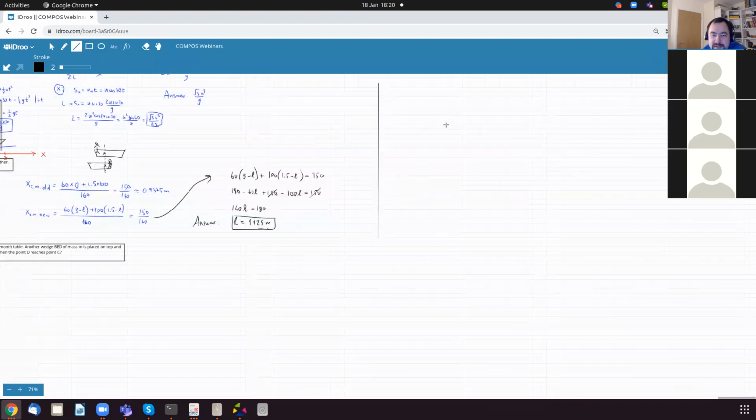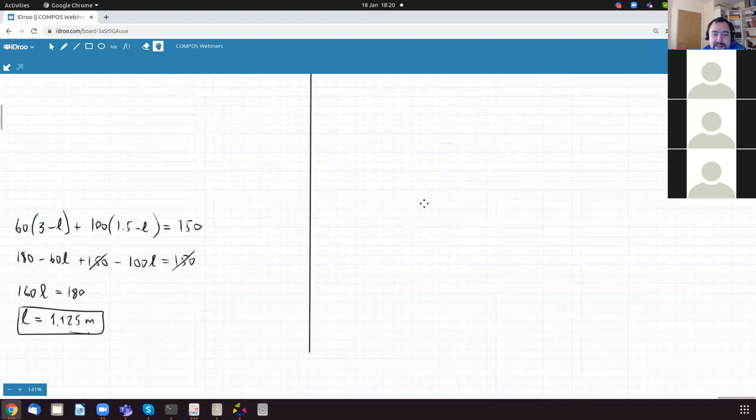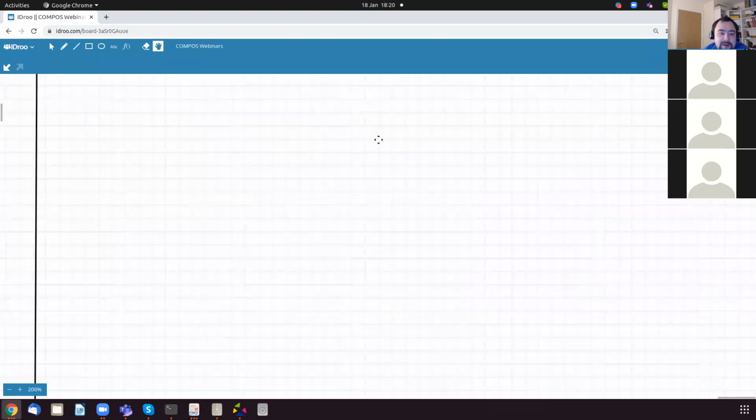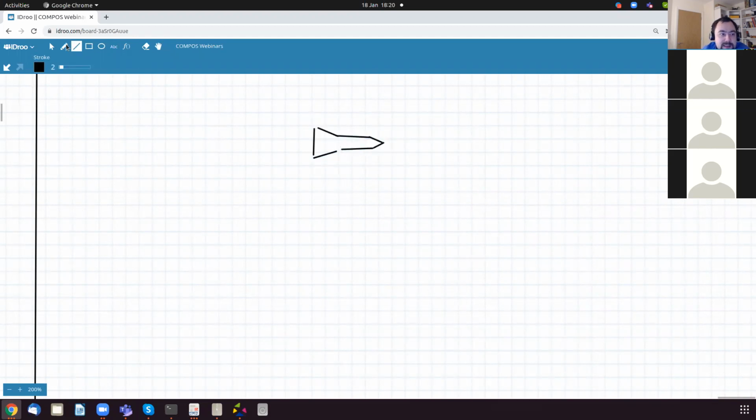Imagine a rocket in space. It has some fuel inside. This is the fuel.